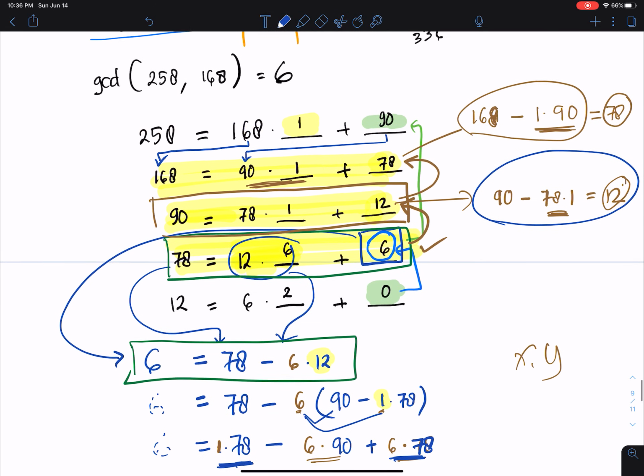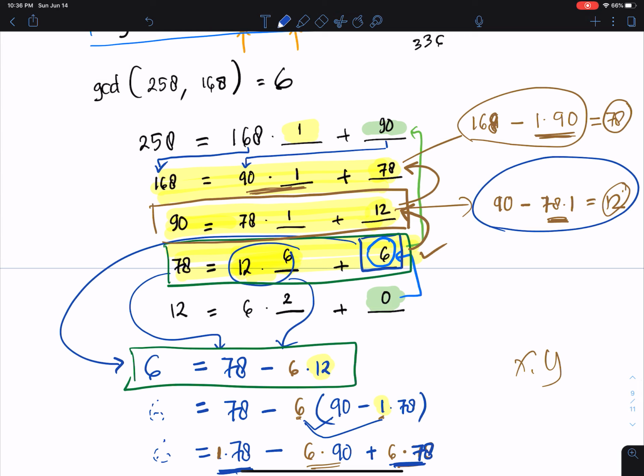Look at the next step to this row, we have what? 90, exactly. So we use this row now. What is 90 from this row? That will be 258 minus 1168.